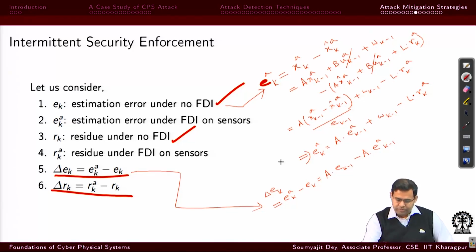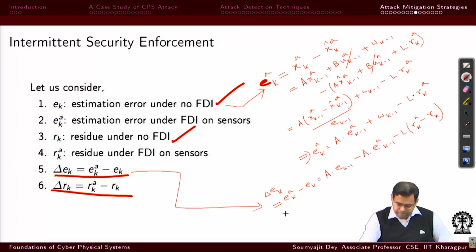We are subtracting the original error from the error under attack, so we have this minus the one without attack. That will give me this minus this, and these things will cancel out, and what I will be left with is the residue under attack minus the standard residue.